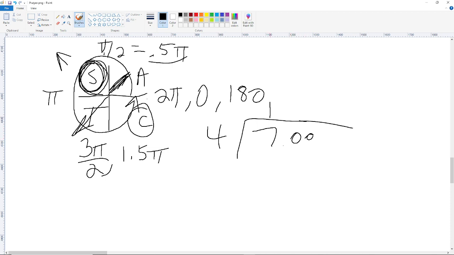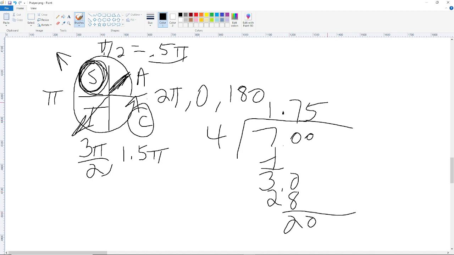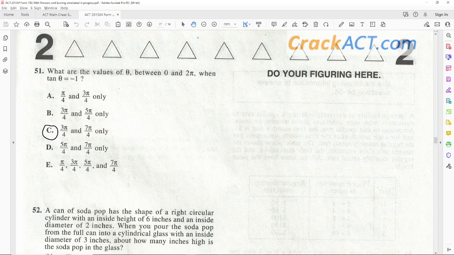I'm just going to do it this way. 4 times 1 is 4, and then 4 times 7 is 28, and then this is 20, and 4 times 5. So that's 1.75. That's going to be here somewhere, where tangent can also be negative, because only cosine is positive there. So without even figuring out the values, we found out that C is the answer.